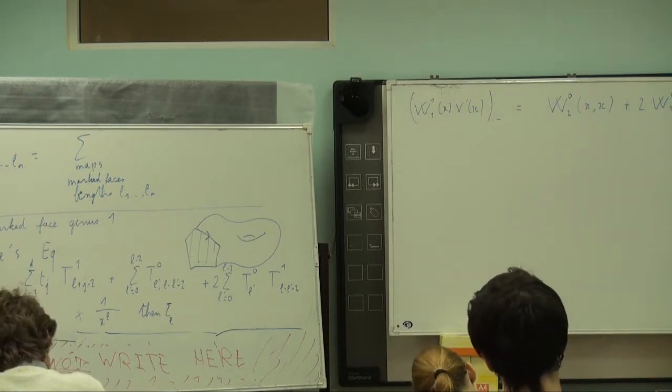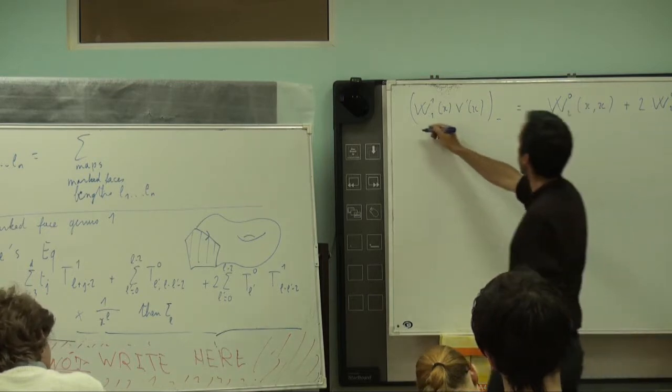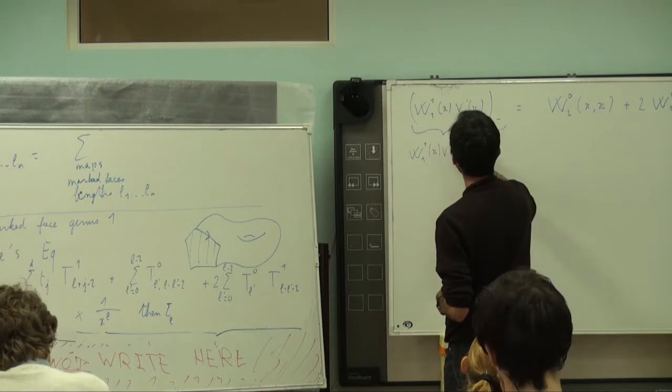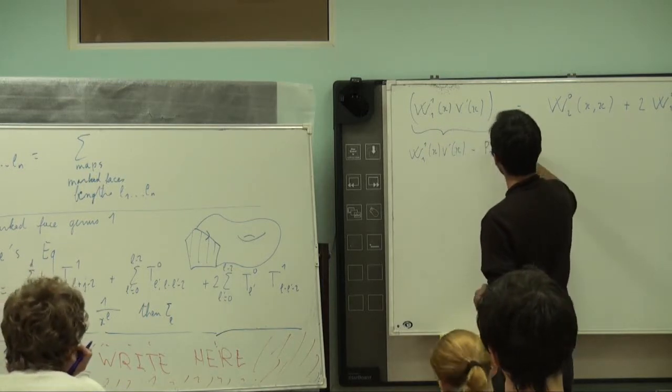So this is the equation. And this thing means that this is equal to W_1^1(x) V'(x) minus a certain polynomial of x.